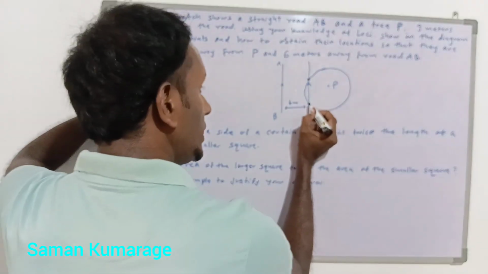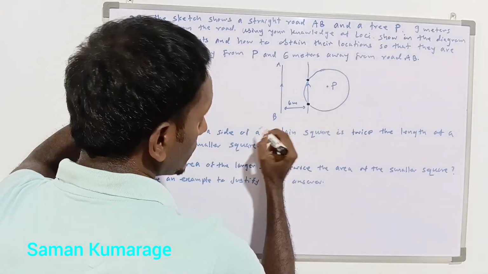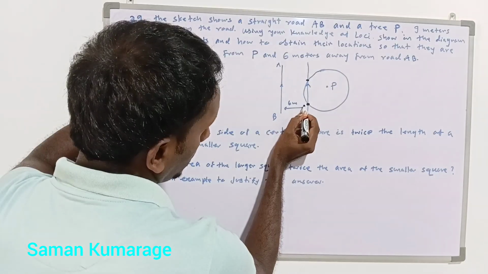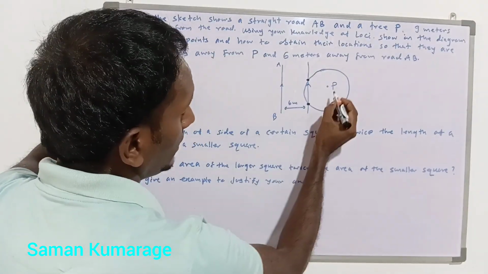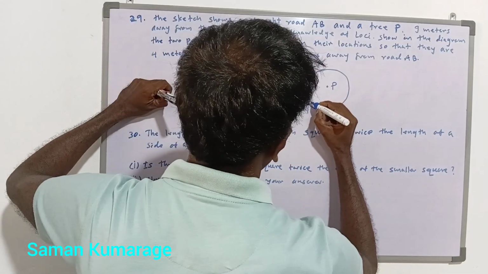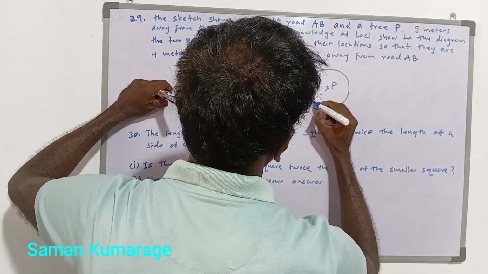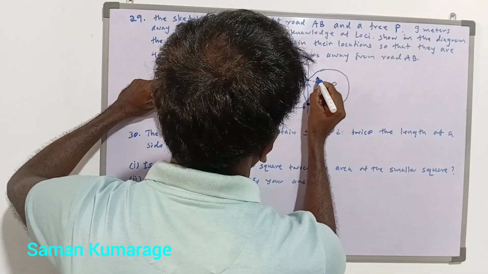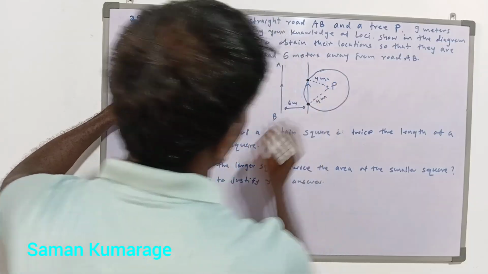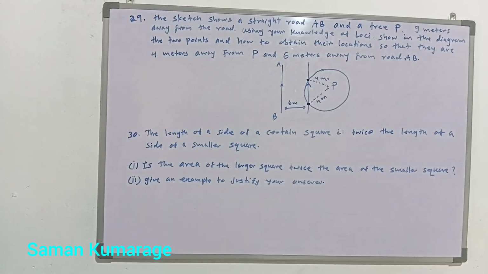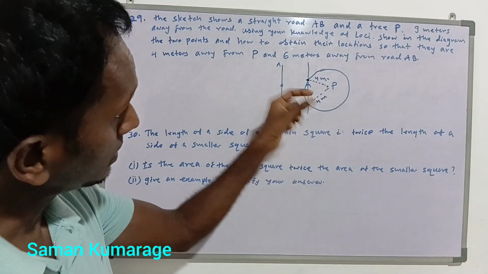So these 2 intersection points are 6 meters away from line AB and 4 meters away from point P. So this is how to sketch this diagram.